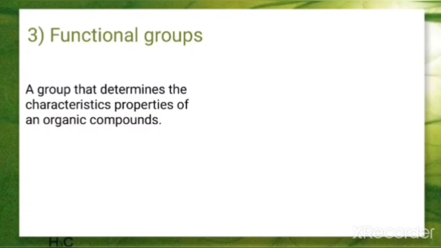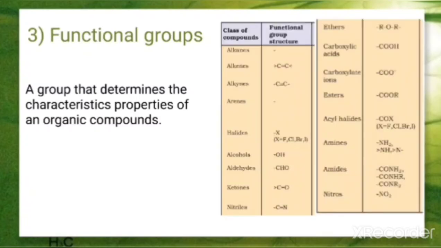That is the functional group present in it. Different functional groups are there. You have to learn the functional groups and their formulas. The important functional groups are the alcoholic group OH, aldehyde group CHO, ketonic group C double bond O, nitriles that is CN, acid group, which you are familiar with, and ethers ROR.